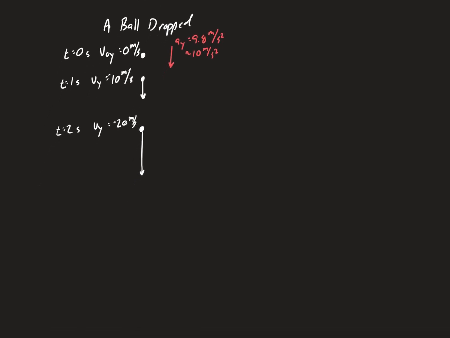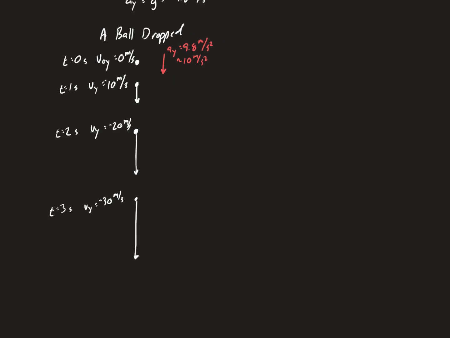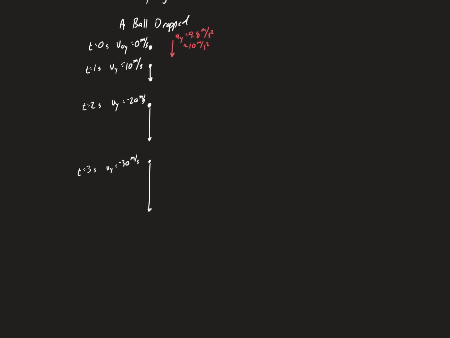At t equal to 3 seconds, velocity in the y direction should be negative 30, and so on and so forth. Zoom out a little bit, and at 4 seconds, velocity in the y direction is 40 meters per second.